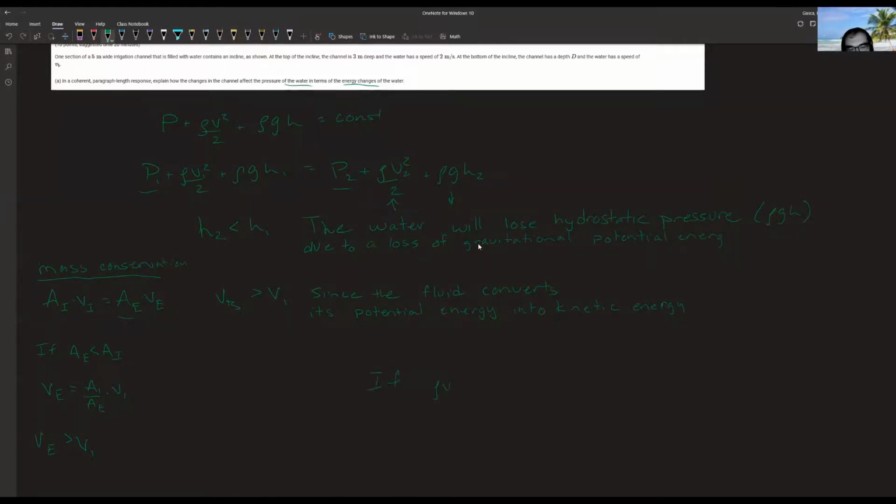If rho V2 squared is greater than rho g H2, what this tells us is that we gained more kinetic energy than we lost potential energy. So then this will result in a decrease or loss of pressure.